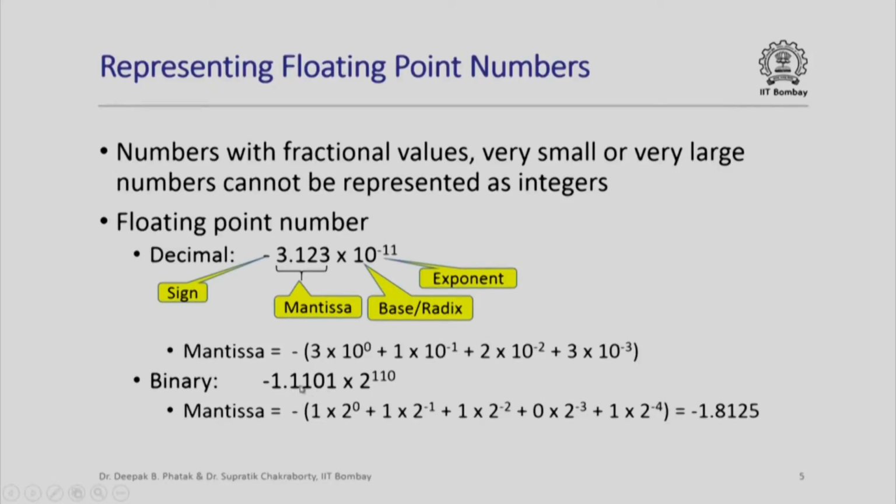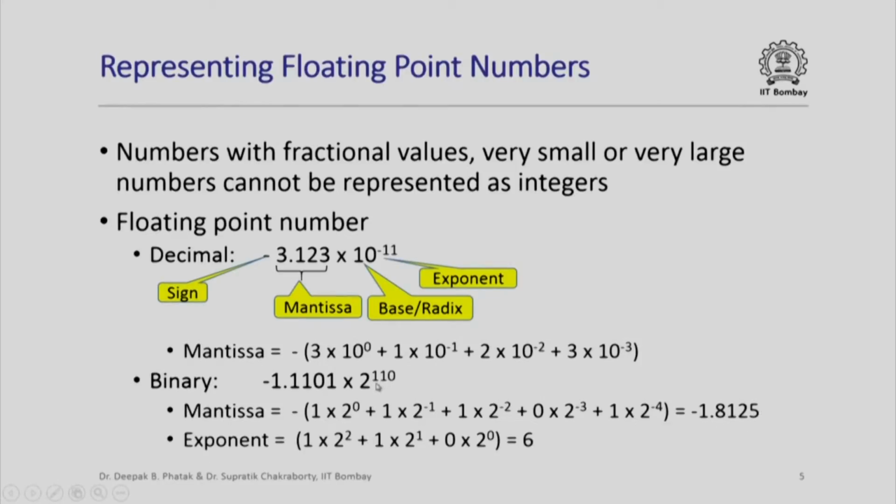And then for the rest of it, just like here we multiplied this by 10 raised to minus 1, the 2 by 10 raised to minus 2 and 3 by 10 raised to minus 3, here we will multiply this one by 2 raised to minus 1, the next one by 2 raised to minus 2, then 0 into 2 raised to minus 3, and finally 1 times 2 raised to minus 4. And if you do all of this calculation, you will find that this corresponds to minus 1.8125 in decimal.